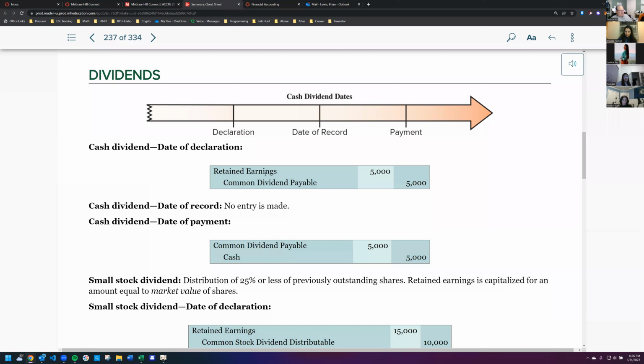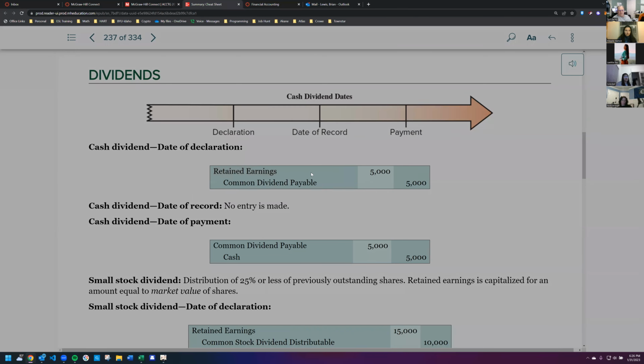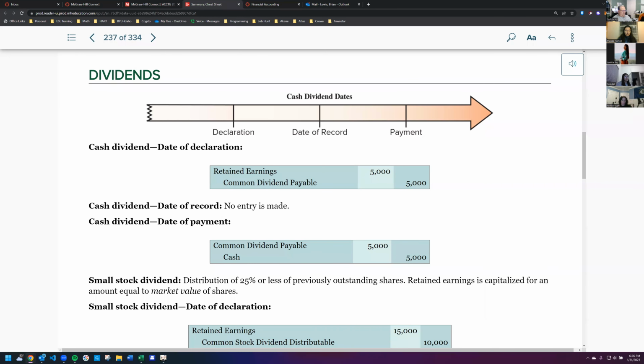That's why this shows up: retained earnings, common dividends payable. Then the minute it's paid out is when it gets removed out of common dividends payable and credited in cash. So this is an equity account, this is a liability account, and this is the liability account offset, and then the cash.